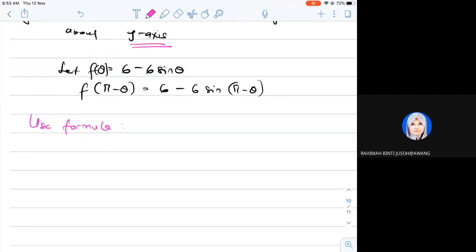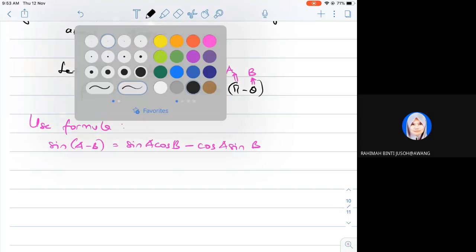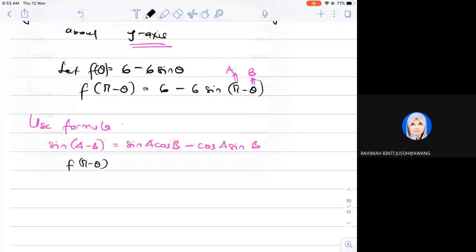If you still remember from secondary school, sin A minus B equals sin A cos B minus cos A sin B. So this is your A and this is your B. F pi minus theta equals 6 minus 6 open square bracket sin pi cos theta minus cos pi sin theta.